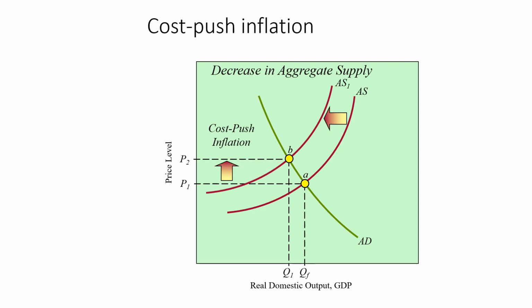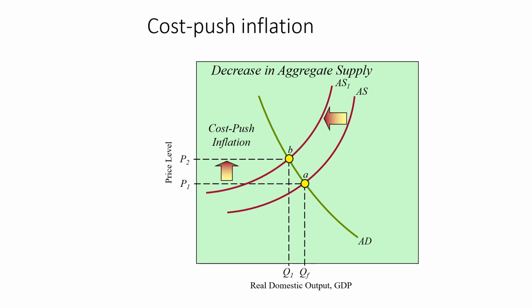Look what happens here from QF to Q1: a leftward shift in real GDP and upward pressure on prices. So stagflation, this is called. The economy is reeling from higher unemployment with contracting GDP and higher than desirable inflation: stagflation.